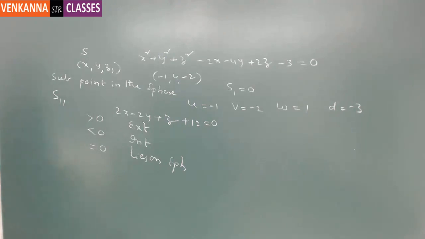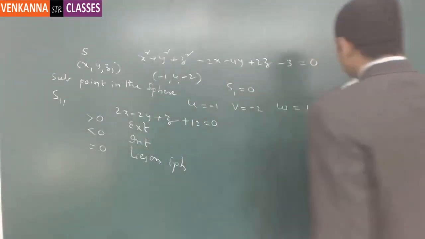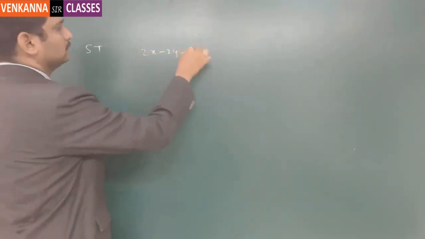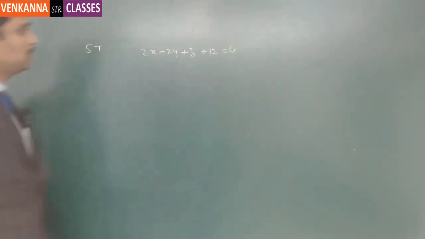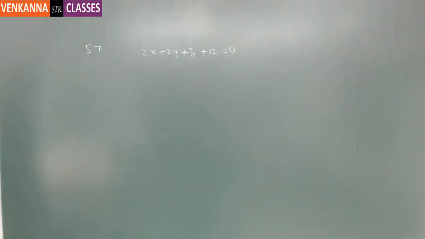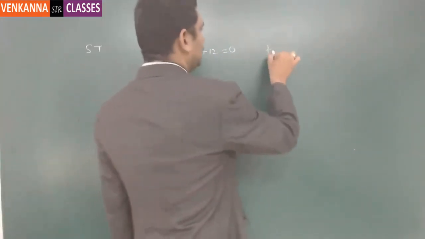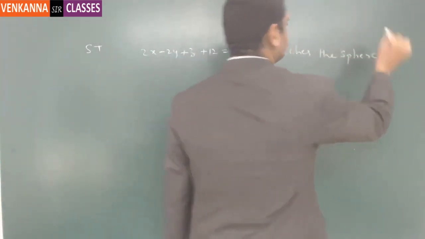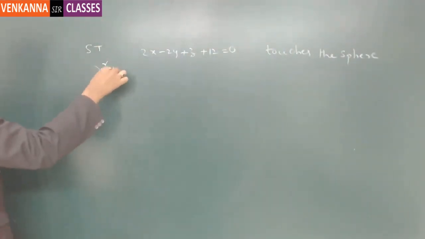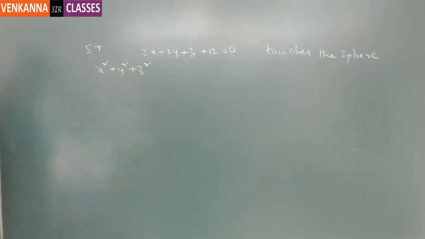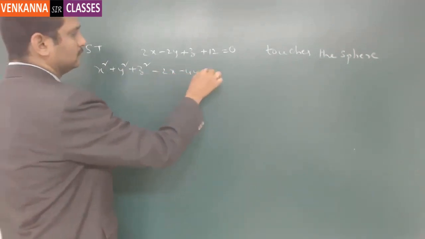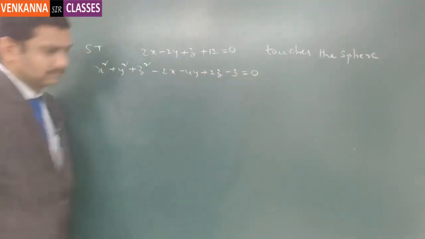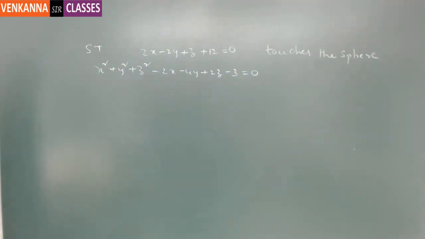Now let us go to the other model. Show that the plane 2x minus 2y plus z plus 12 equal to 0 touches the sphere x square plus y square plus z square, and find the point of contact.